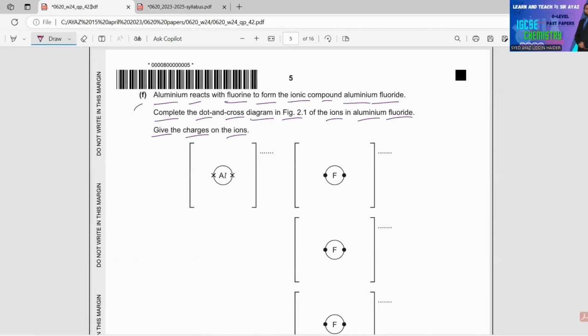So 2 electrons, they have already shown 2 electrons. So I'm going to show the other 8 electrons: 1, 2, 3, 4, 5, 6, 7, 8. Now it has lost 3 electrons, so I will write +3 here. The ion which loses 3 electrons forms a +3 ion, also known as cation.